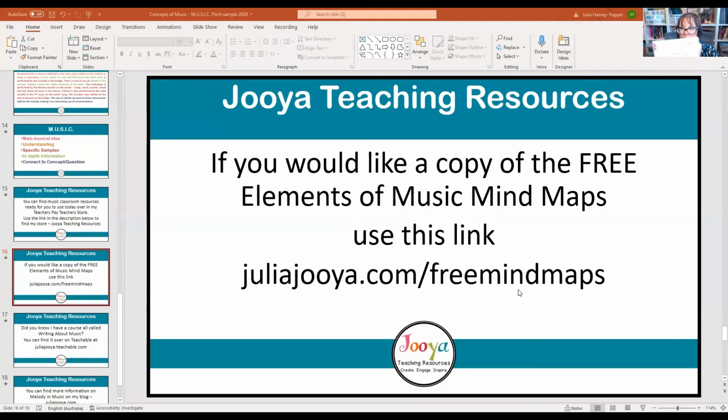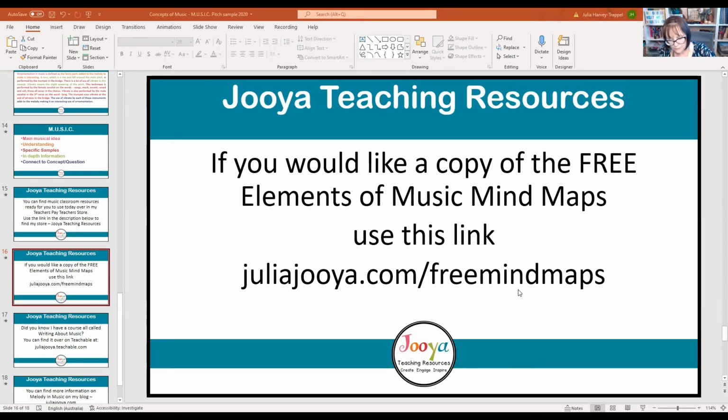Okay, so here we go. This is pitch, and you can see this is the mind map. I use them all the time. There it is, pitch. But I said melody. In here, I go through all the explanations of everything. Then we break down a sample using the music scaffold, as you can see there, and lots of examples for everything.